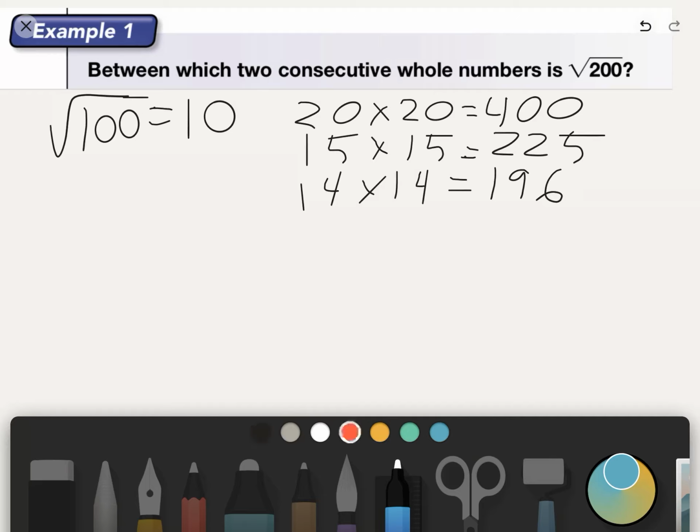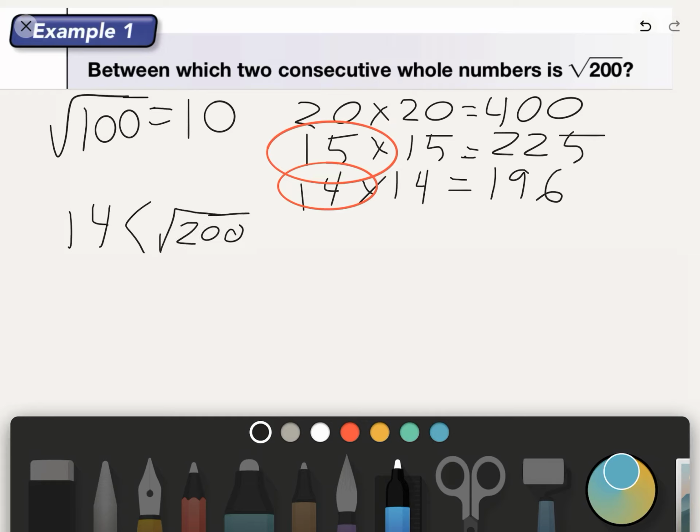So we do have our two consecutive numbers. So we can say that the square root of 200 is greater than 14 and less than 15.